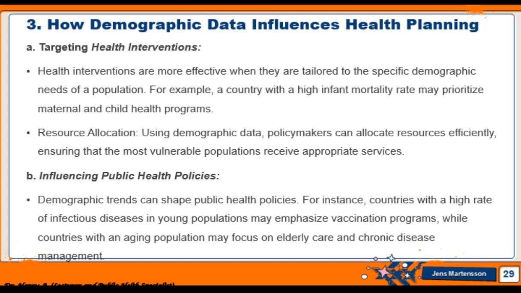There are policies that have been developed as a result of findings in the population, data that have been gathered from that population. And so by adapting policies to the demographic profile of the population, governments and health organizations can be more effective in addressing the most pressing health issues in any particular population. So it is key that we apply this demographic data, and now that we have seen the sources, we have seen the influence, and we have seen what it can do.